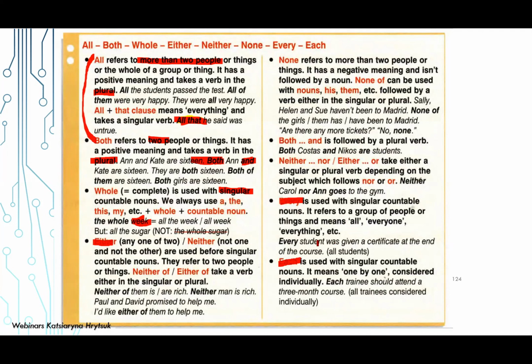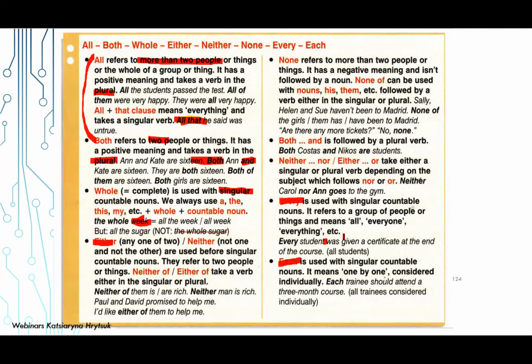But you see, it's also singular as each. Singular countable nouns, and it refers to everyone in this group. So every student was given a certificate. It means to each of them I gave a certificate.